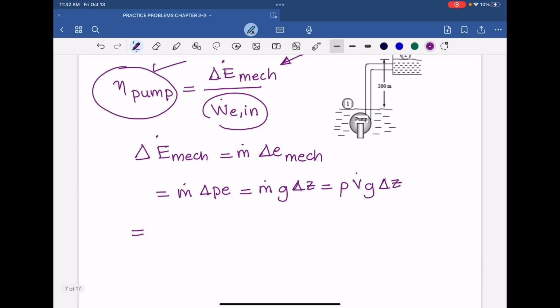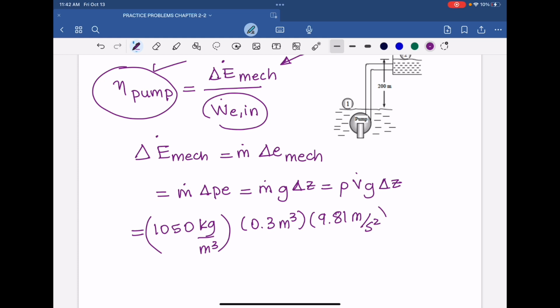We can just write it down. And volumetric flow rate is something they give in the problem statement, and g is this, and this is 200 meters.